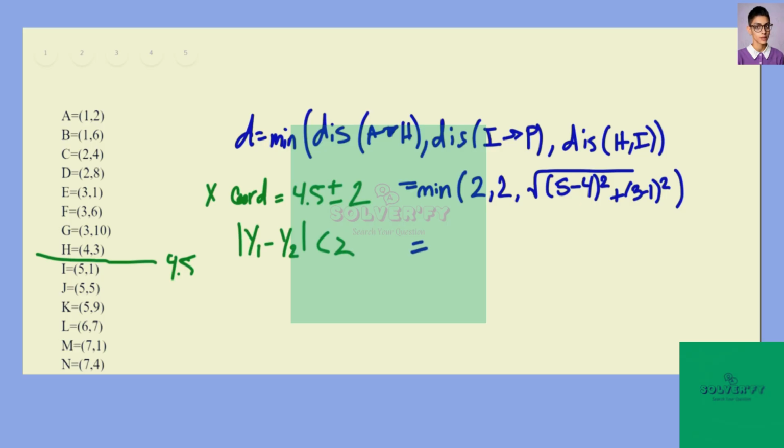And so the minimum is 2, because this here is going to be equal to 3. No, that's not right. That's going to be equal to, doing some quick math in my head, so 5 minus 4 is 1 squared is 1, so square root of 5.